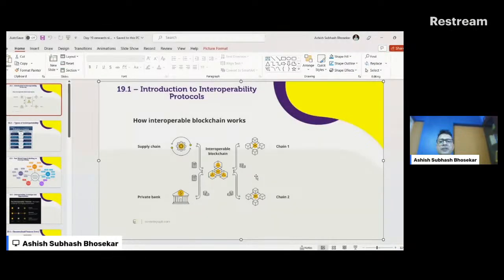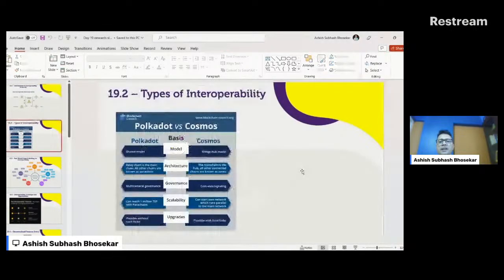This slide shows the difference between Polkadot and Cosmos. Polkadot has a shared model, Cosmos has a bridge hub model. Polkadot uses a relay chain as the main chain, and the others are known as parachains. It's about the architecture. In Cosmos, the main chain is a hub, and all other chains are known as zones. The governance is multicameral governance.